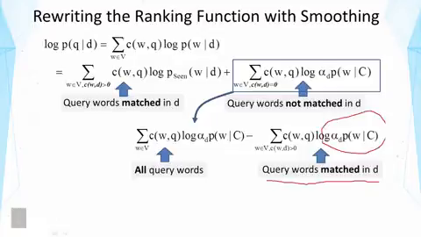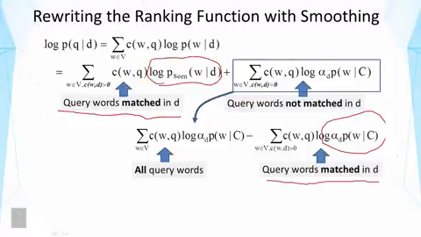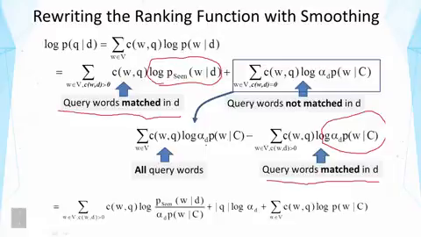Here we have another sum over the same set of terms, matched query terms in the document, but inside the sum, it's different. But these two sums can clearly be merged. So if we do that, we'll get another form of the formula that looks like the following at the bottom here.